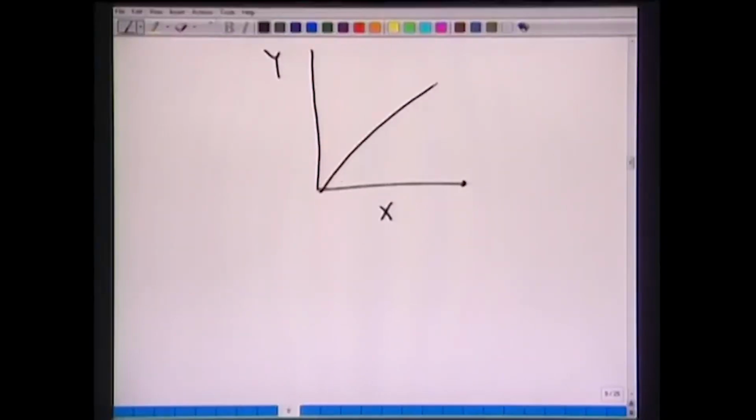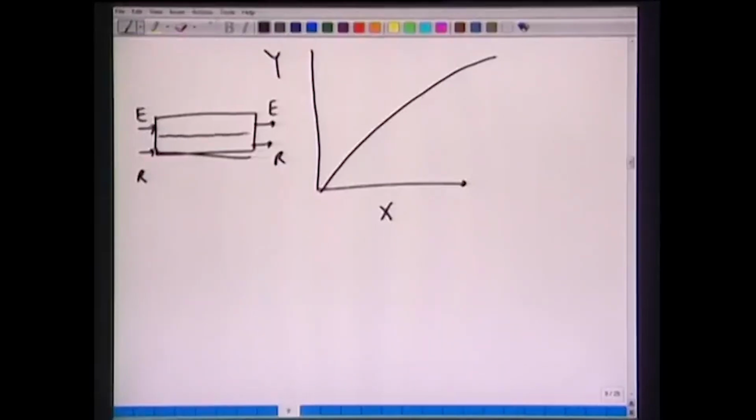Now we have this continuous contactor in which the two streams make an entry here, E and R. But now we are saying that there is a mass transfer from the E phase to this R phase.